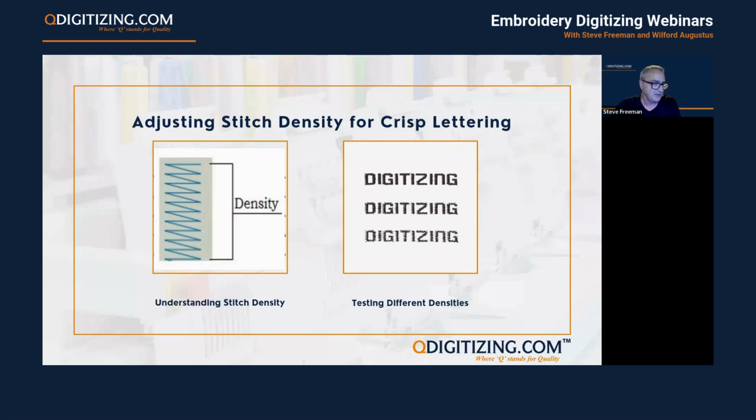You might get it in your production facility and you're sampling on a different material that's going to give different results, and you get something that looks like the bottom or the middle. You need to let us know, or if you are making the edits yourself, or if you are digitizing this yourself, you need to add more density.